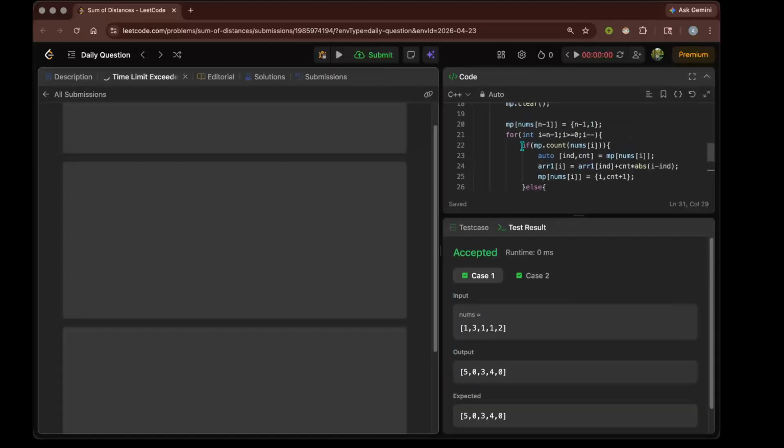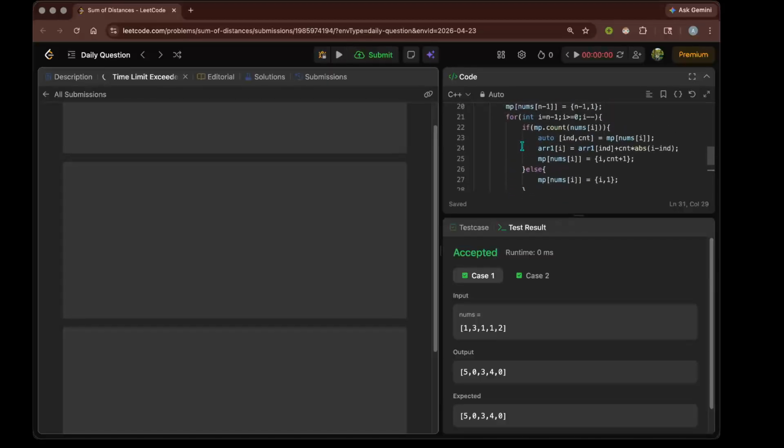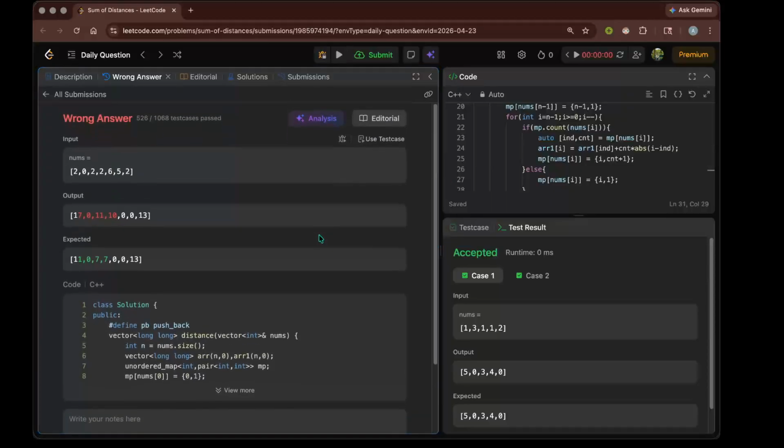Though again, TLE is not a good thing. Wrong answer. We're getting wrong answer now.